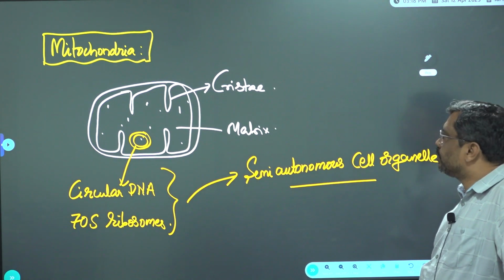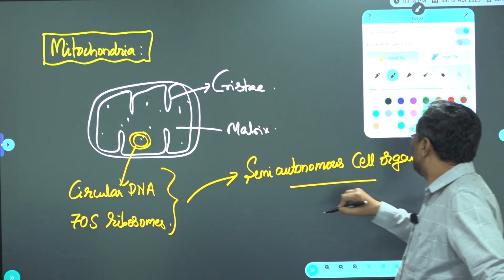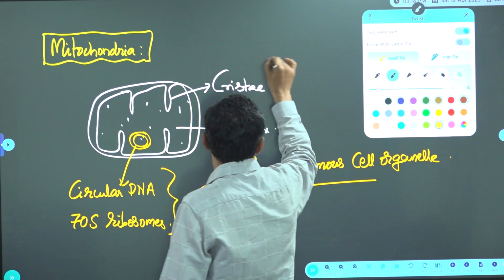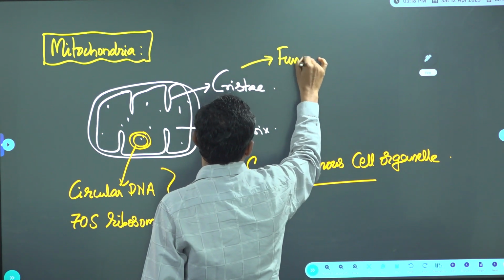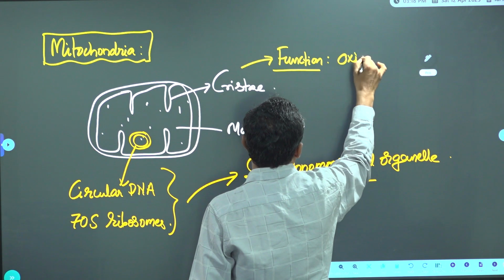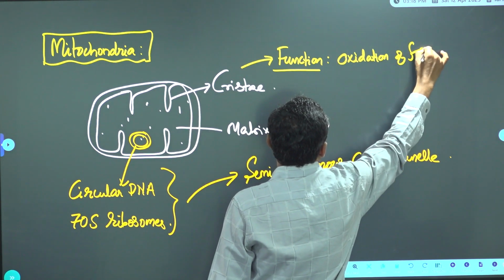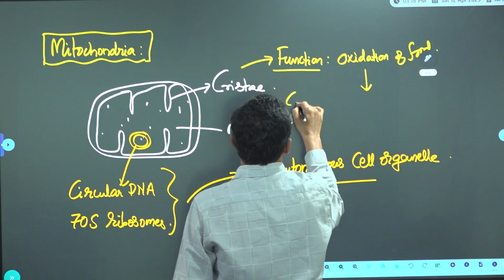The main function of this mitochondria is oxidation of food materials. That means cellular respiration.